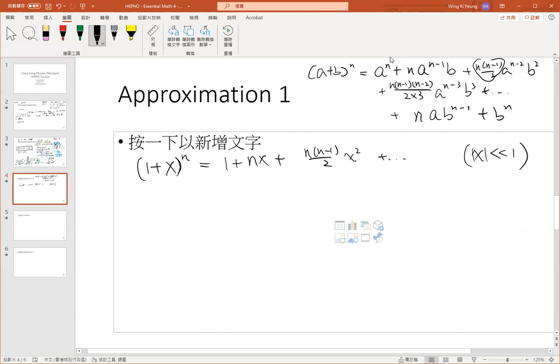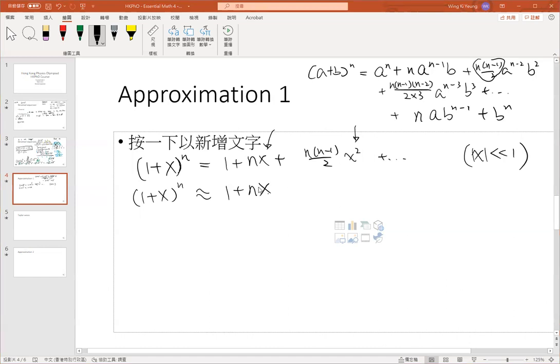If x is much smaller than 1, then we can write (1 plus x) to power n is approximately equal to 1 plus nx. Because if you compare the term x squared and x, let's say x is 0.01, then x squared will become 0.0001, which is 100 times smaller than x. x can also be negative.